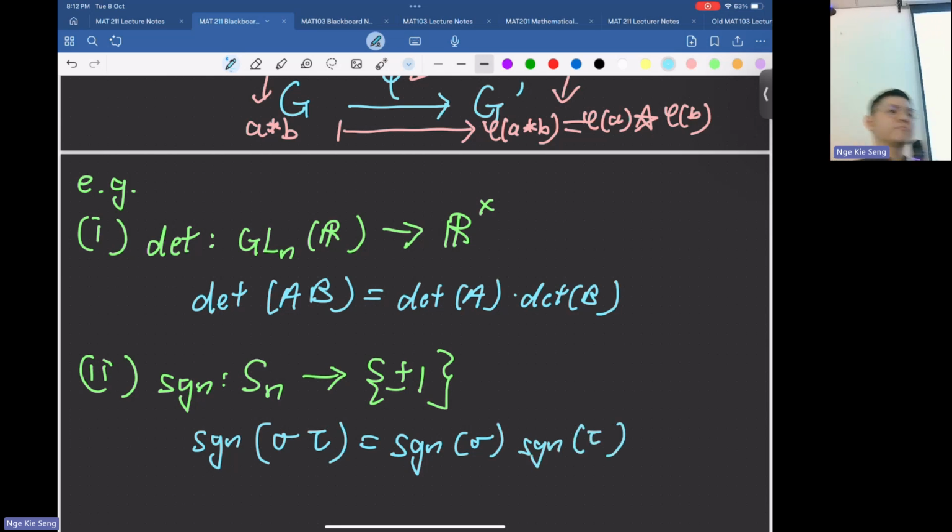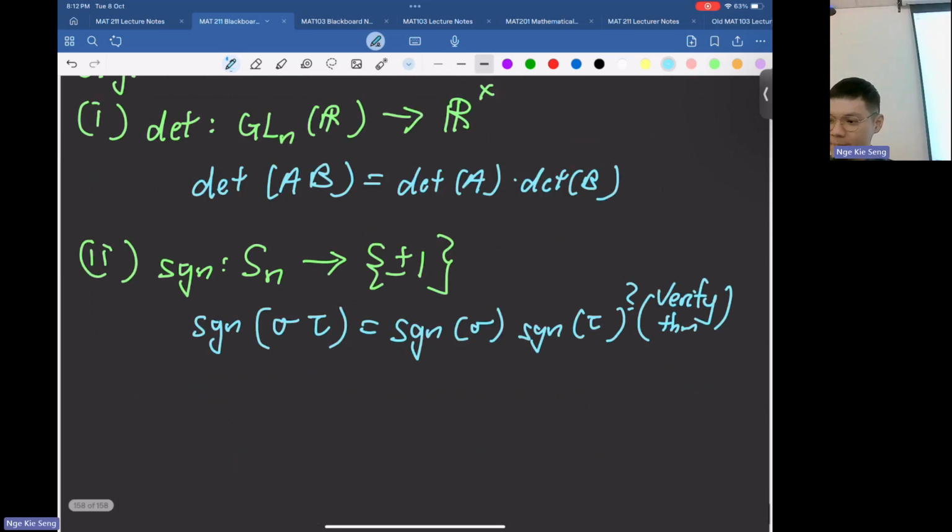Think about it. Even, odd, even, odd, even. So try and verify this yourself using the theorem we proved last time, the invariance theorem. If your sigma can be expressed as an even permutation, then all the other expressions should be even permutations.